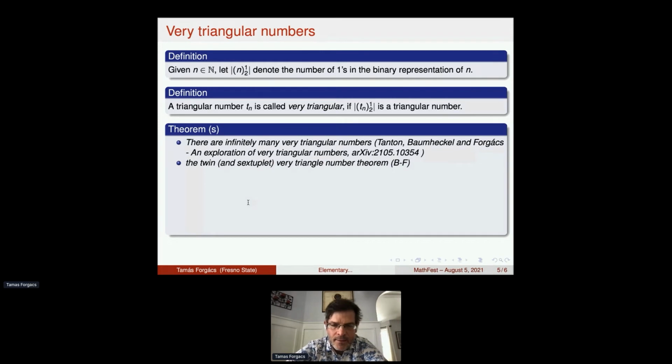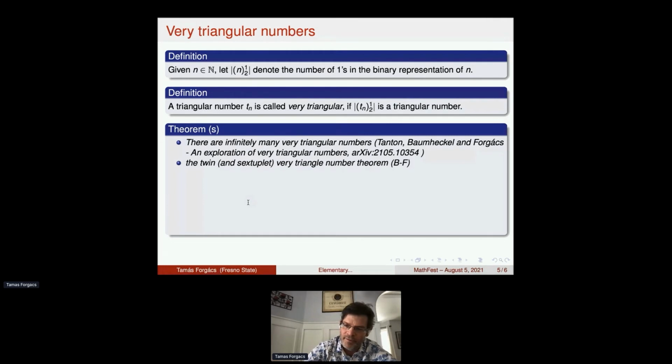In addition to that, and I proved this with a student that I worked with during the academic year as an independent study, it's essentially the twin triangular number theorem, although we proved a different version that I call the sextuplet triangular number theorem, which says that there are infinitely many strings of 6 consecutive triangular numbers that are also very triangular.